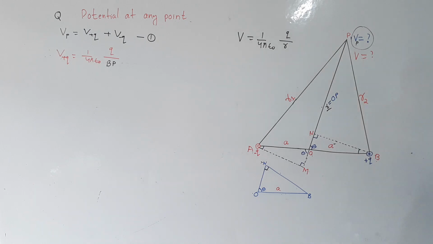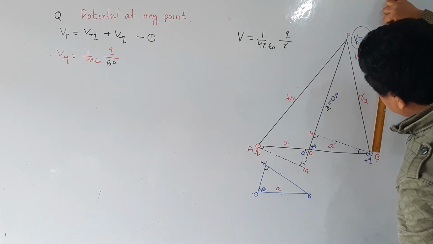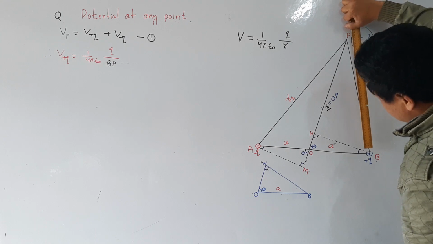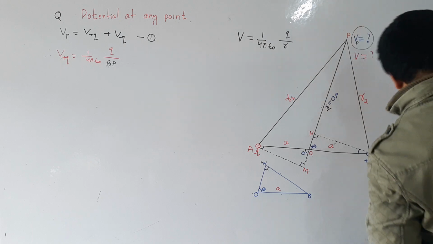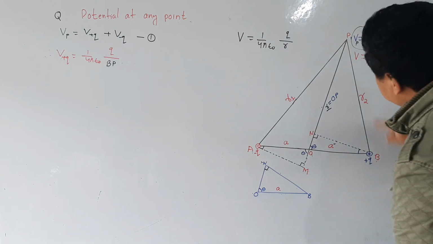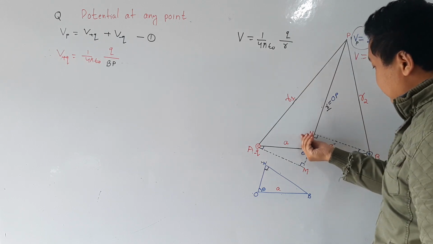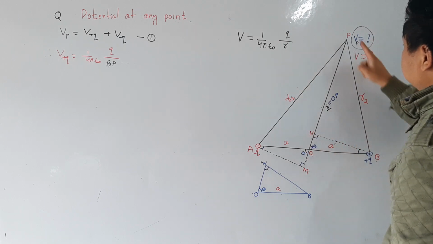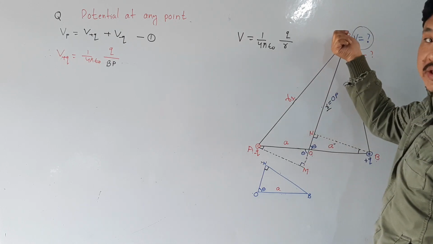Whenever it is at B, it is BP, and when you swing it, it will reach N. It means that this BP is almost equal to NP. BP will reach here and it will become NP.